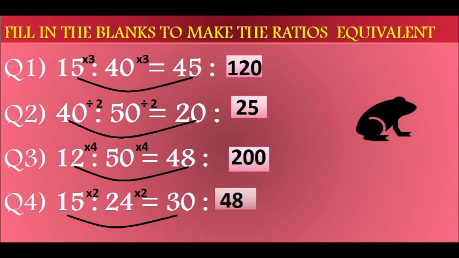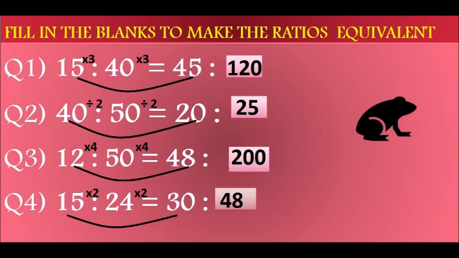Since they are both standing in the first place before the ratio sign, multiply 15 by such a number that you get 45. So 15 times table has 45, yes. 15 times 3 is giving you 45.